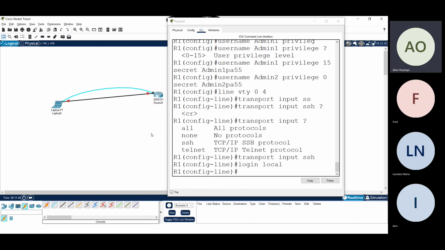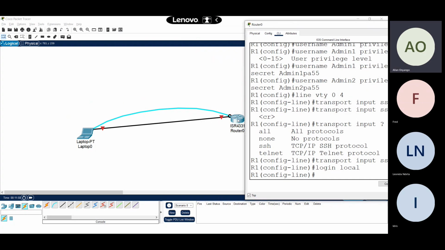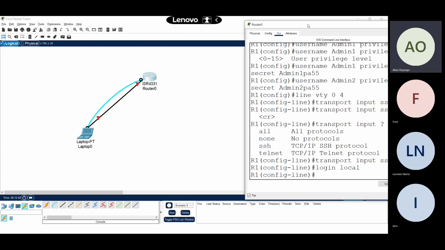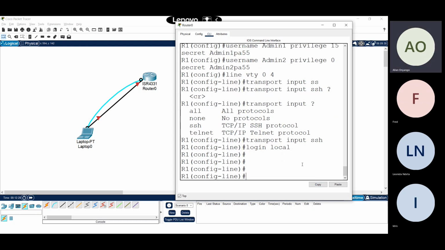I need to know which interface I had used there. Let me just zoom this a bit. I want to show you that right now. I wanted to know which interface is connected here.